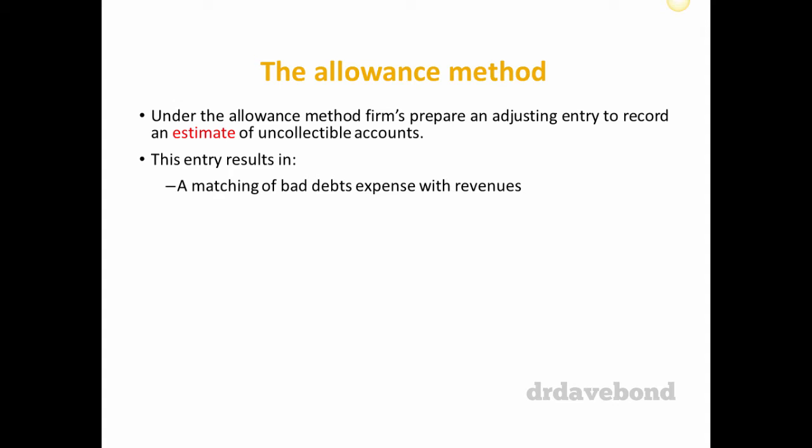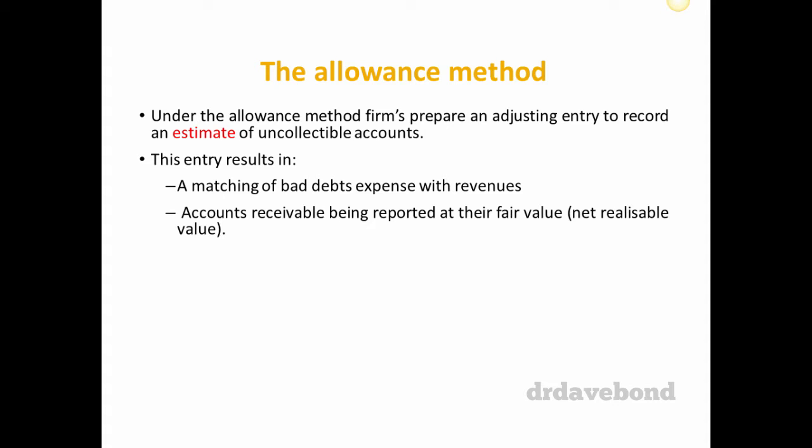So you'll see that we're matching up the revenue with the expense in the period in which that sale happens. It gives us a matching of bad debts expense with revenues. And what it also does is it gets the accounts receivable reported at the amount that you think you're going to get. So imagine we made 1,000 in sales and we think maybe we're not going to collect 20.